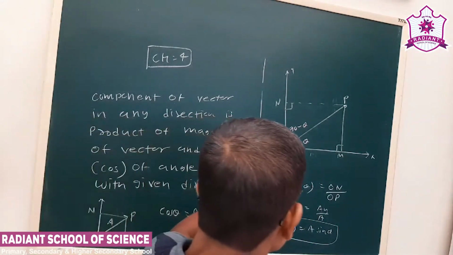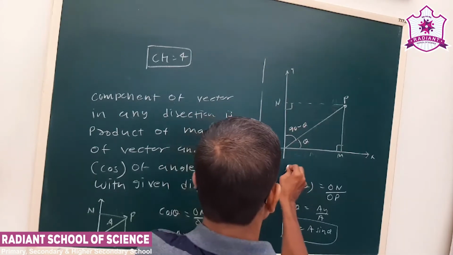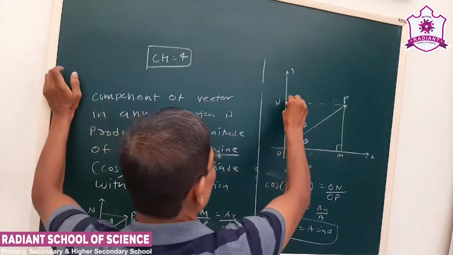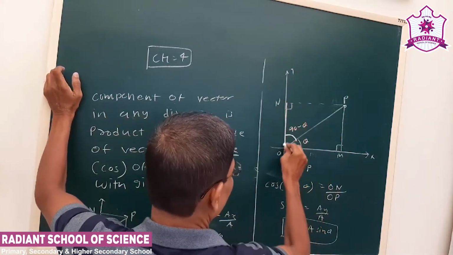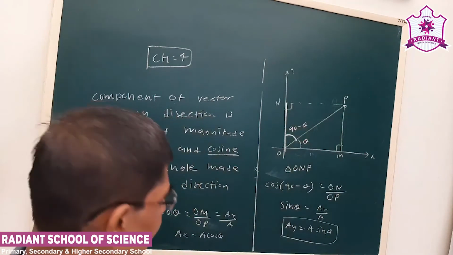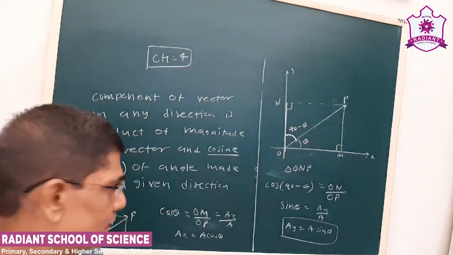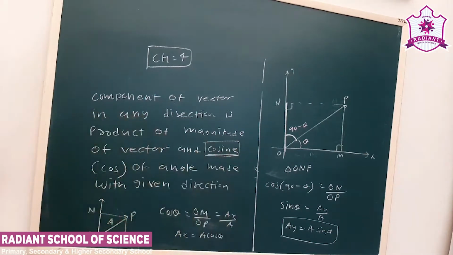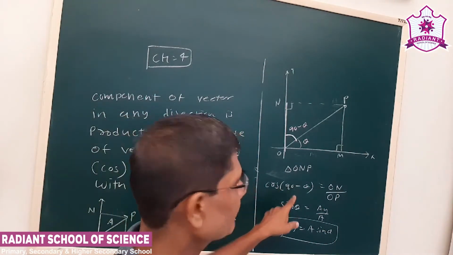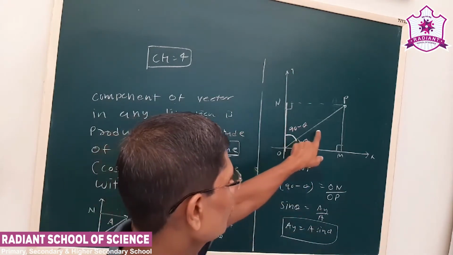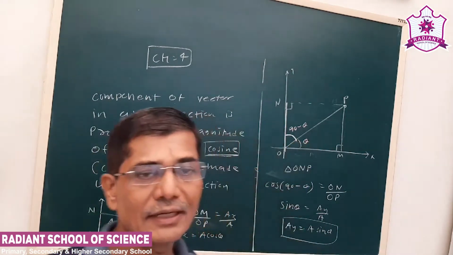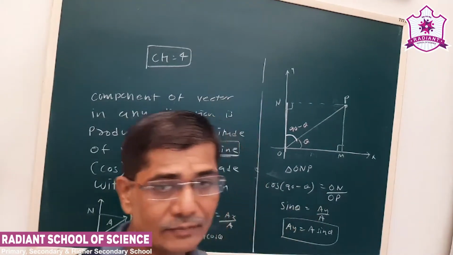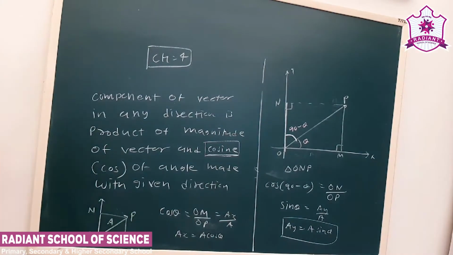Now in triangle ONP, what is this angle? 90 minus theta. What is this side? ON. And what is the hypotenuse? OP. See, what we have used again is the cosine of the angle. So the cosine of 90 minus theta is equal to ON upon OP. Now cos 90 minus theta is sin theta, that is known to you. So ON is AY upon A, that is sin theta. So this is a generalized formula.